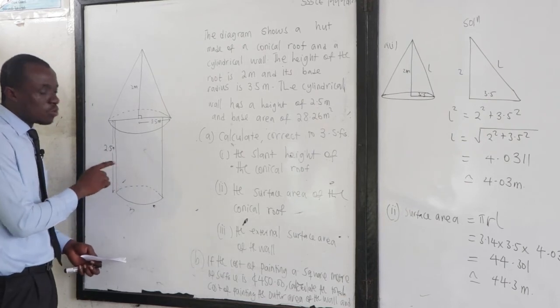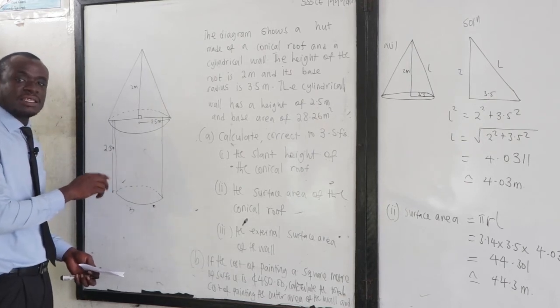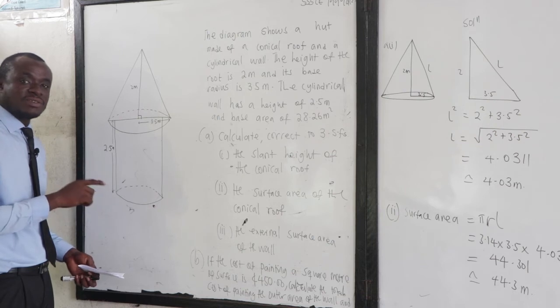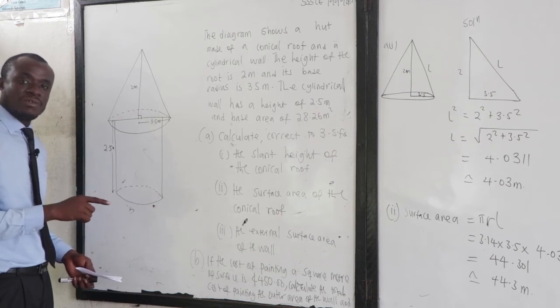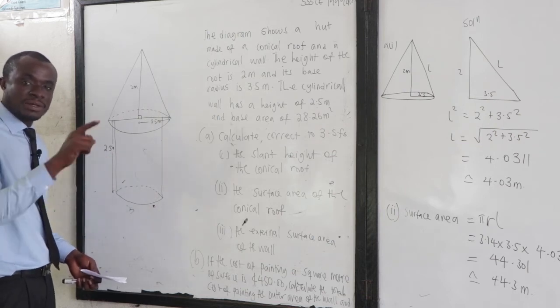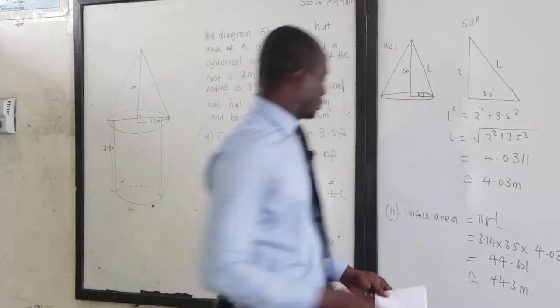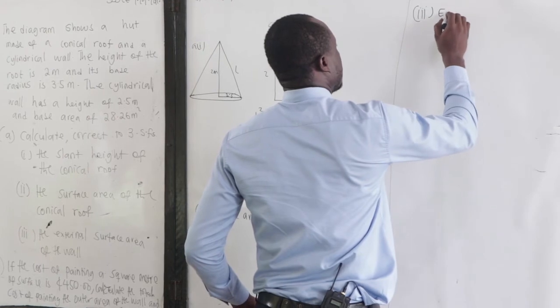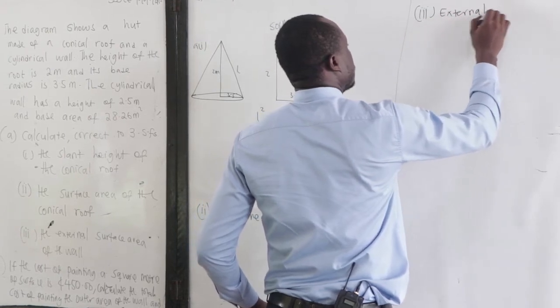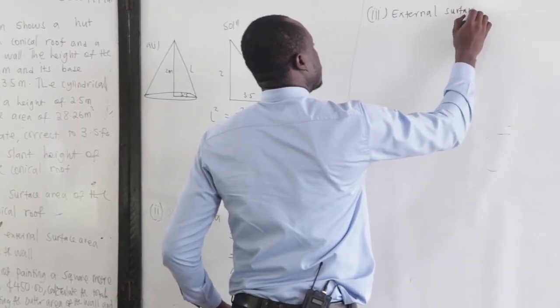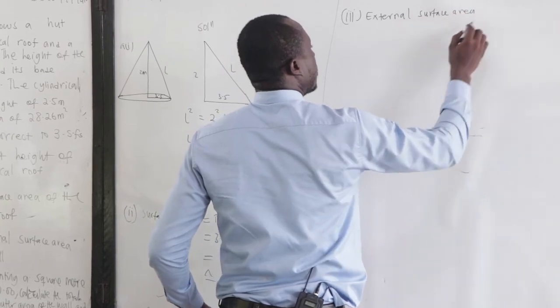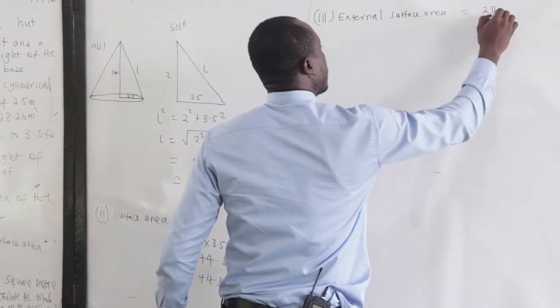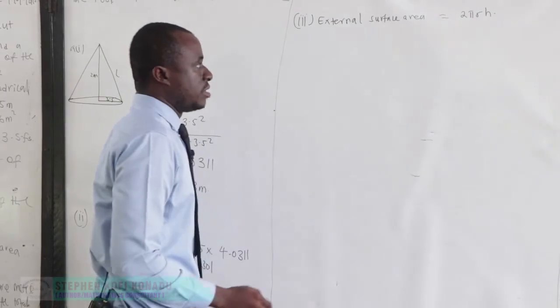Clearly, this wall is cylindrical, and the external surface area is the curved surface area of the cylinder, which is 2 pi r h. So the third one, external surface area, that is 2 pi r h.